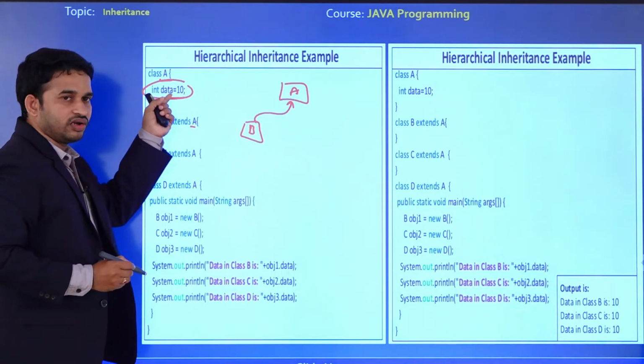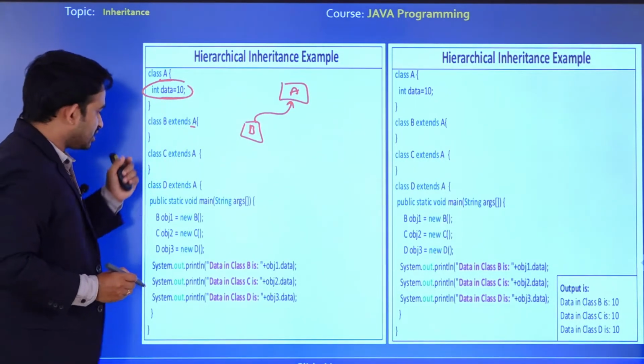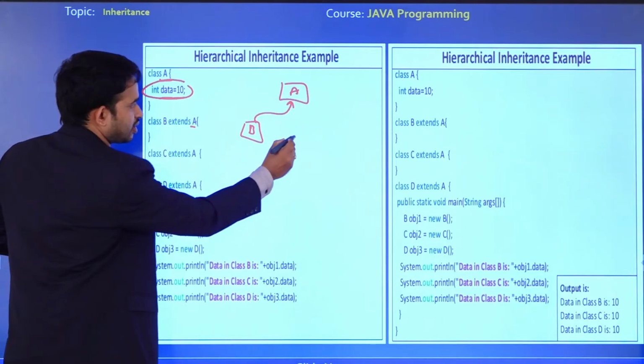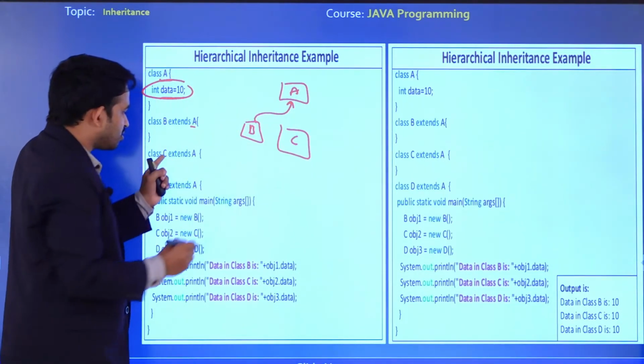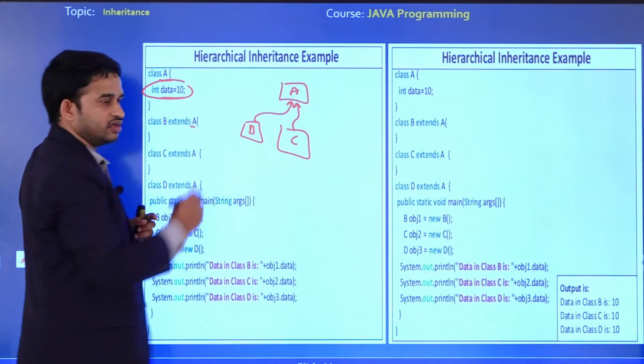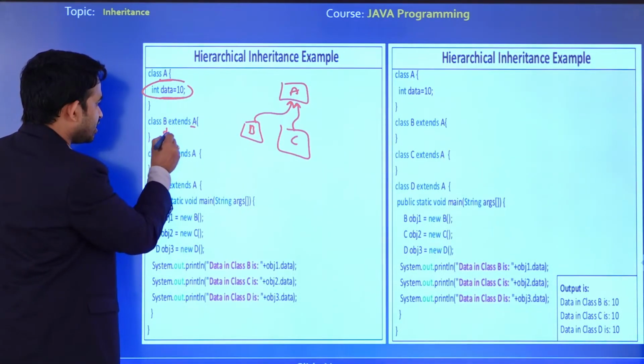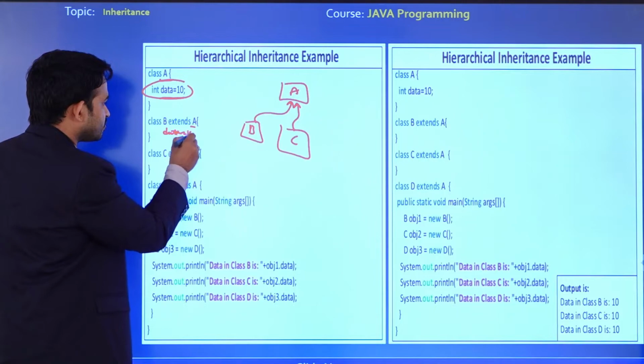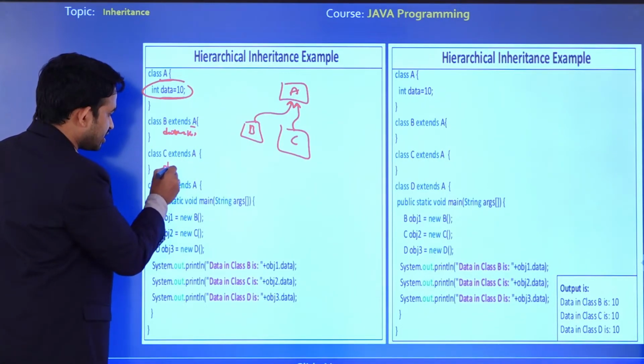So now data = 10 is available in class B. Next, class C extends the properties from A. So C gets the properties from A, and it contains data = 10. Here also the same: it contains data = 10.